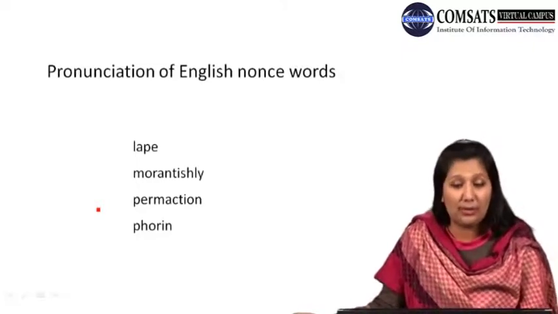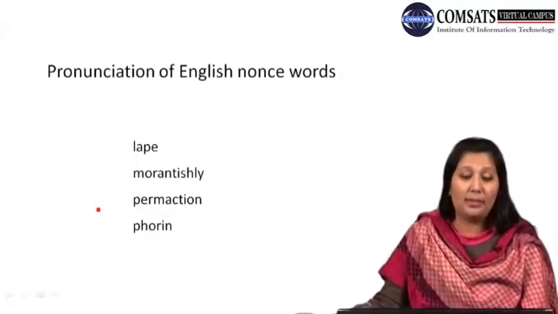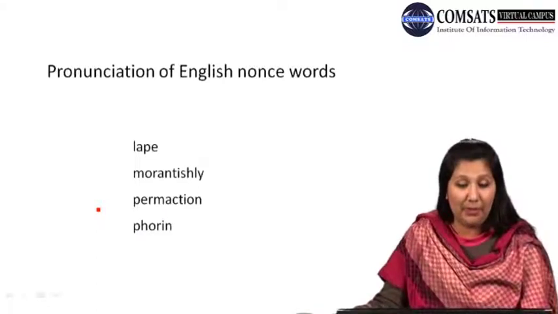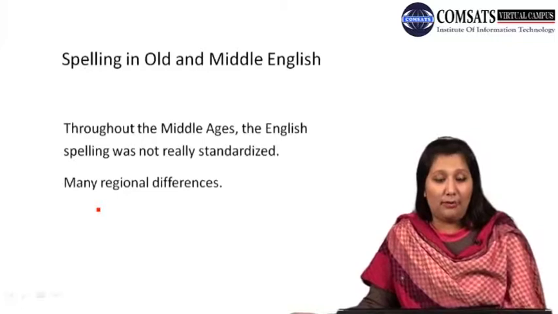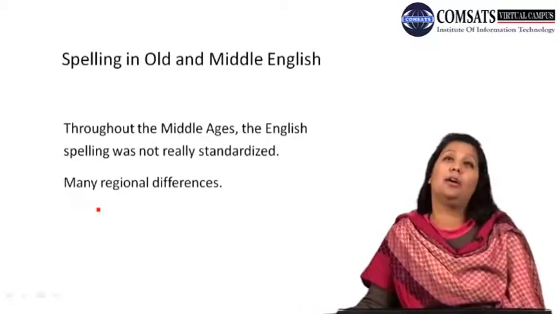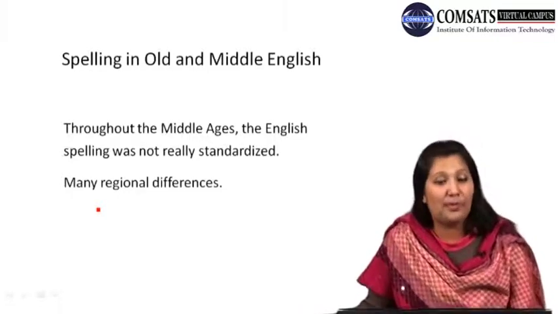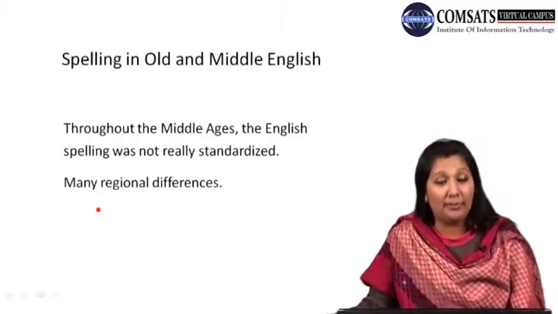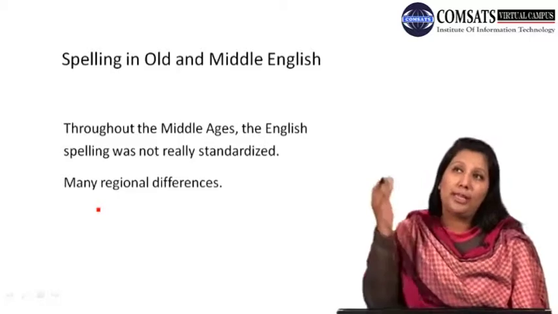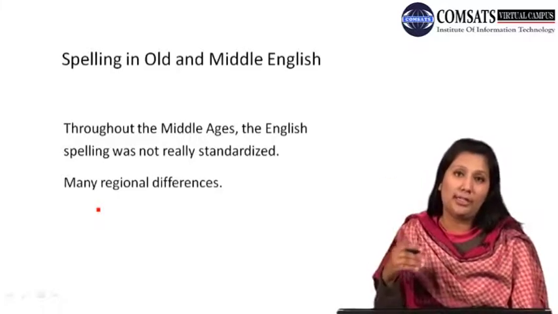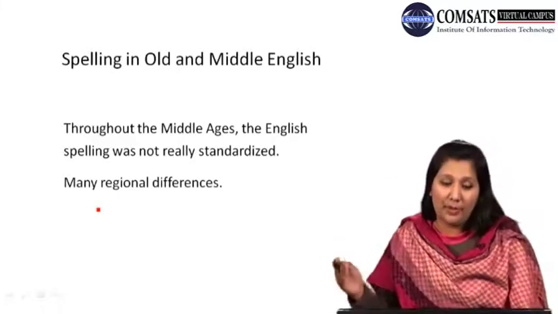Pronunciations of English have also changed, for example the pronunciation of words like lape, morantishly, permacation, and foreign, which have changed their spellings as well. Then let's see how spellings were in Old and Middle English, and to what extent they have really changed into this modern English period.